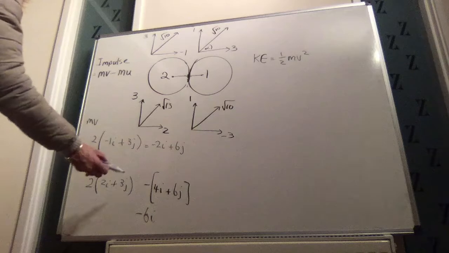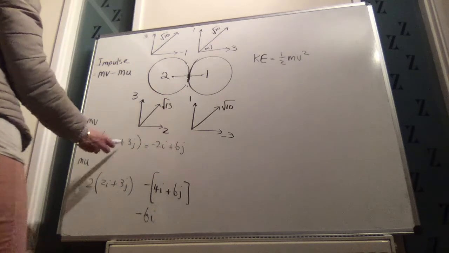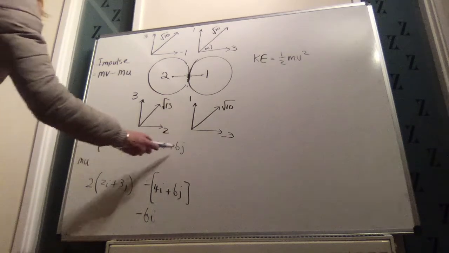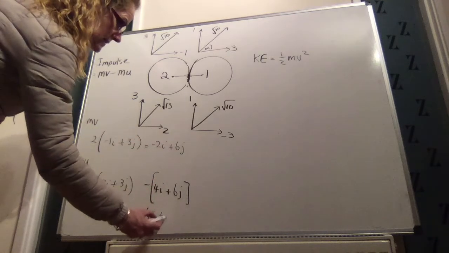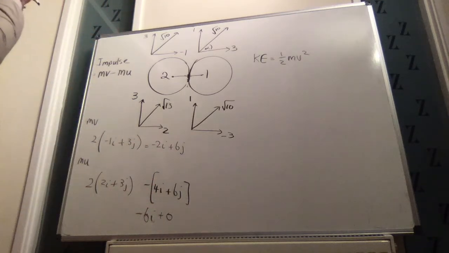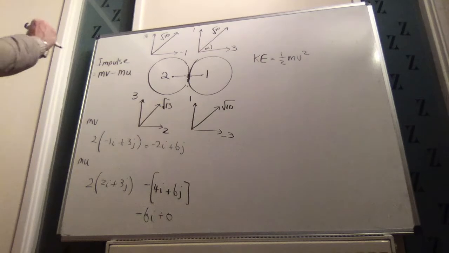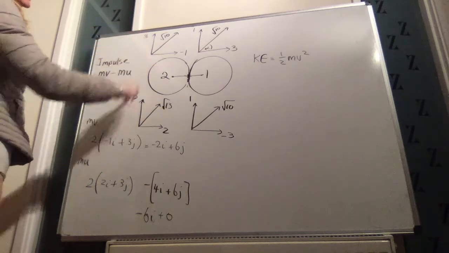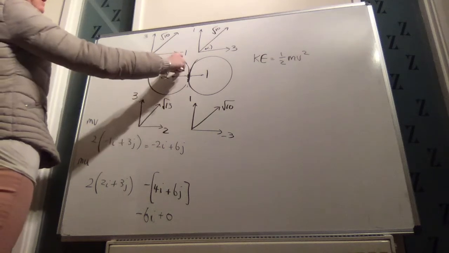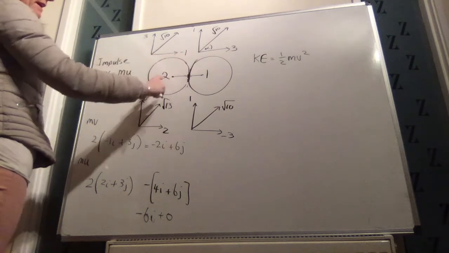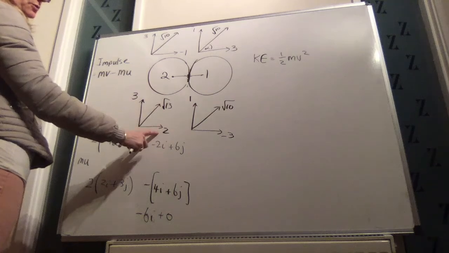And the 6j take away 6j is 0. Now again, you could have got that because we know that these don't change, you could have just said 2 times minus 1 take away 2 times 2.